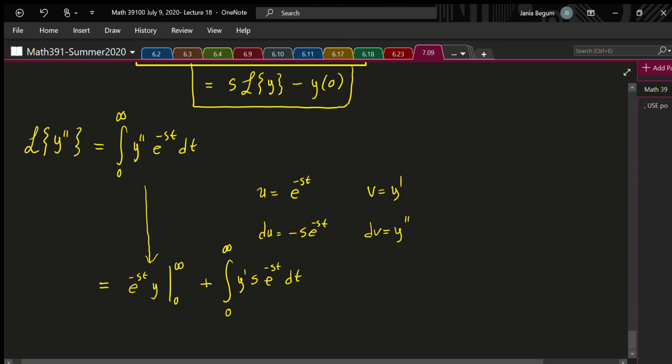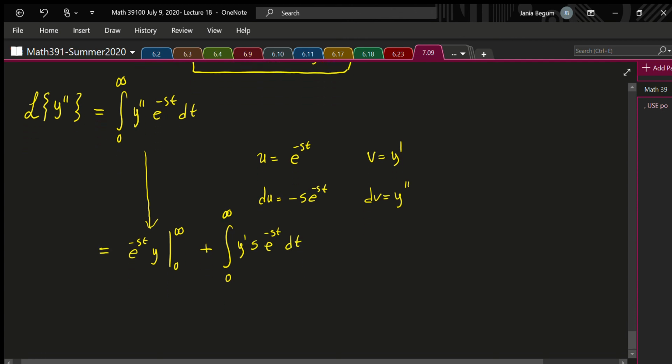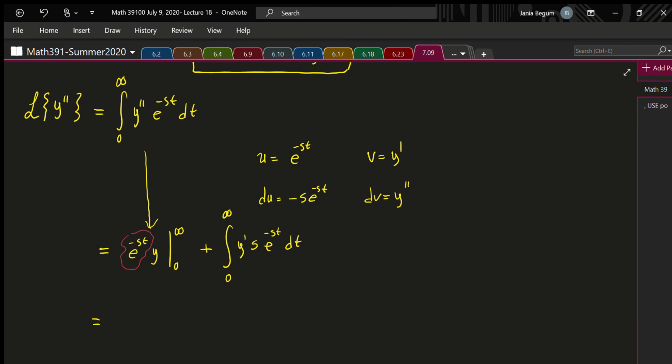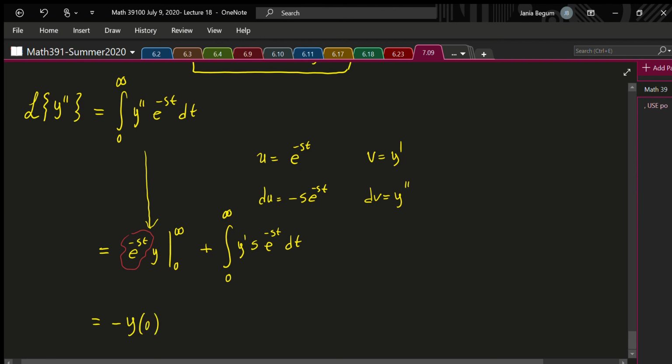That's what we get. Well, let's look at this one more time. What happens as you plug in infinity for this exponential term and you take the limit? So we're left with negative y of the bottom limit, which is 0.